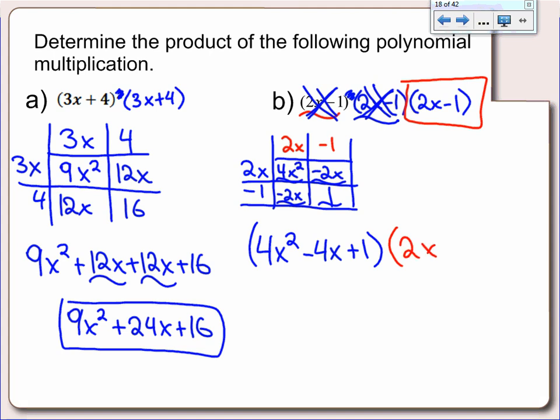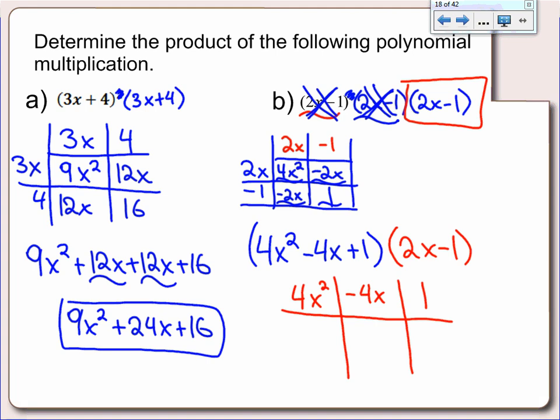So we have 4x squared minus 4x plus 1 along the top, and we have 2x minus 1 along the bottom. We fill this out, we get 8x cubed, we get negative 8x squared, we get 2x.